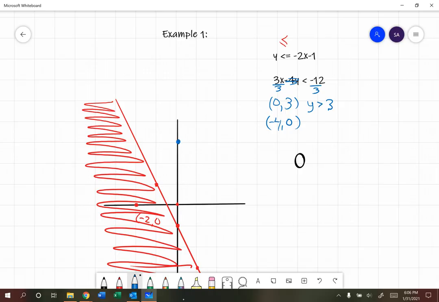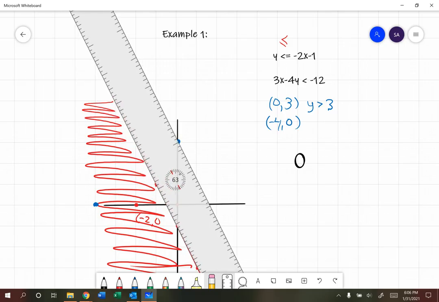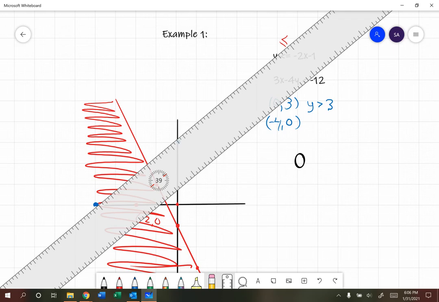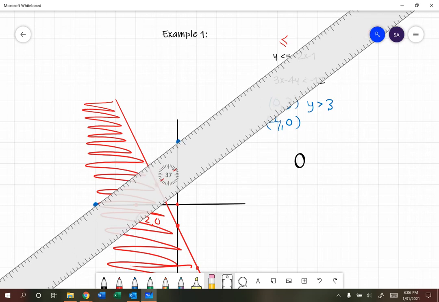On my x-intercept, I'm going to go over 1, 2, 3, 4. And this time, get rid of my scribbles here, I'm going to have a less than sign. So when I draw my line, I have to remember to make sure that it is a dotted line that I'm going to draw.